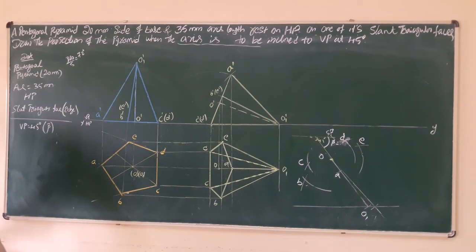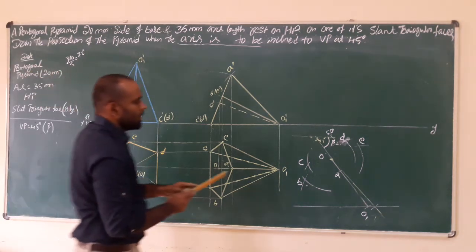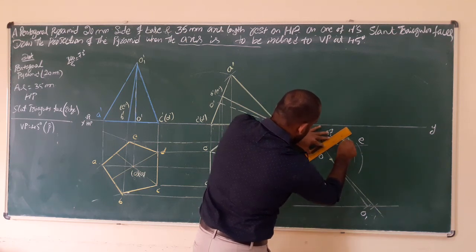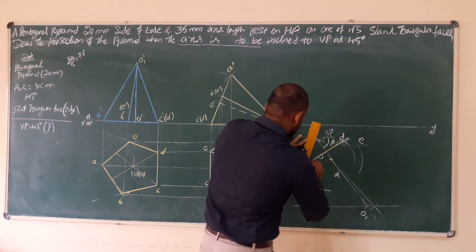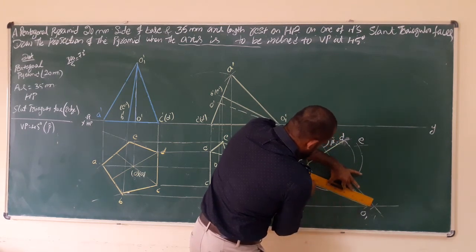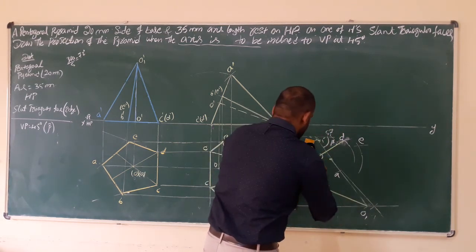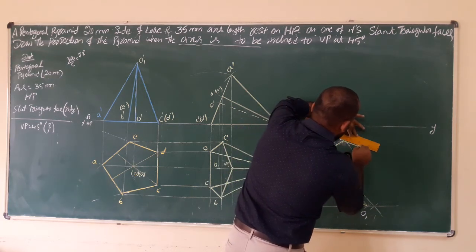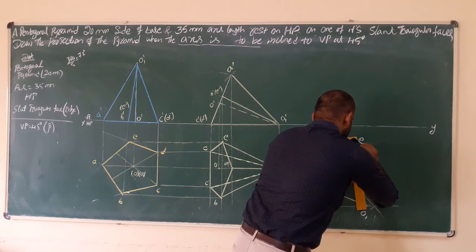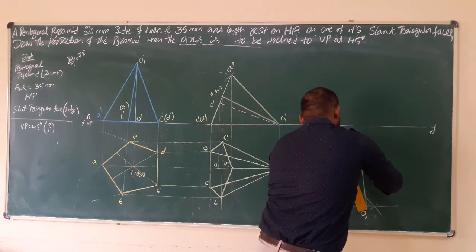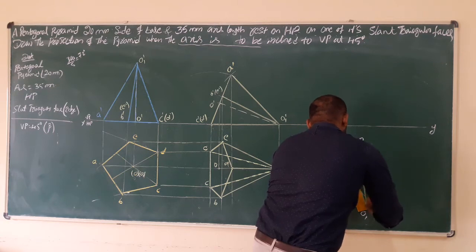Now you have to join all the corners. D to C is a straight line. D to B, D to A. Next E, D to dotted line.